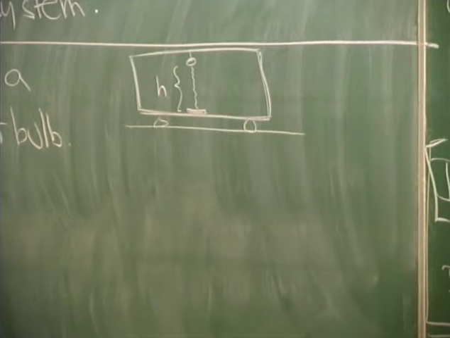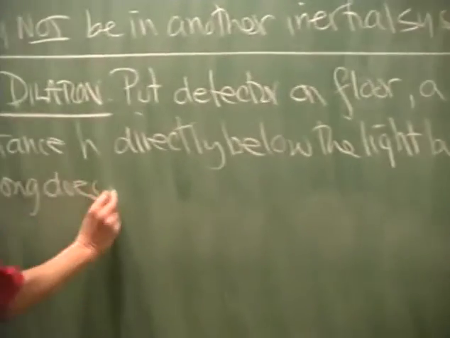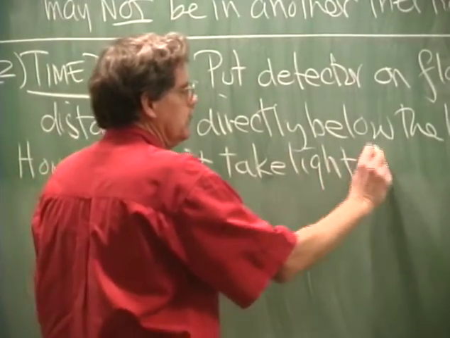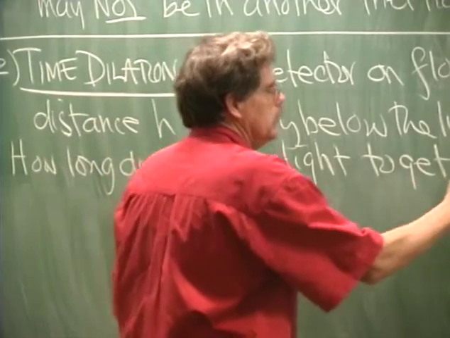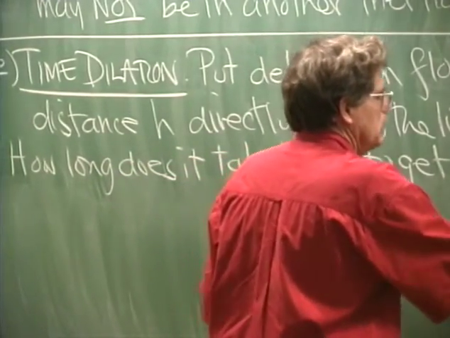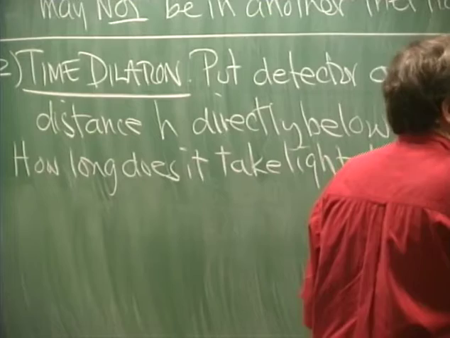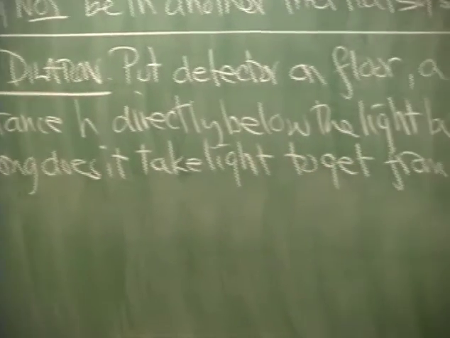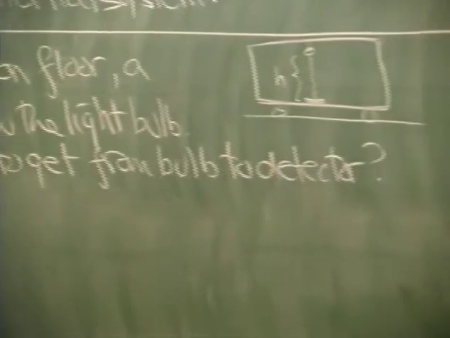So there's the light beam, and it goes a distance h down to the detector, and the question I ask is, how long does it take the light to get from the bulb to the detector? Question? Well, in this reference frame, it's easy.